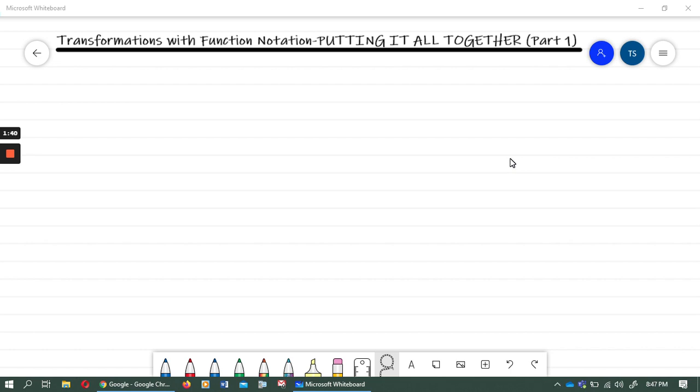We're going to remind you of what we talked about very briefly, some of those different forms and how they look when they are in function notation. Again, I made some of those charts for you in the previous videos.